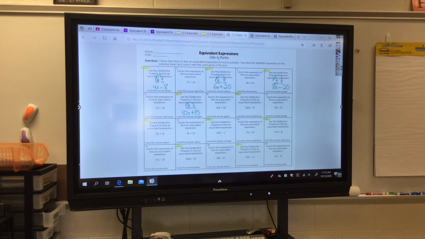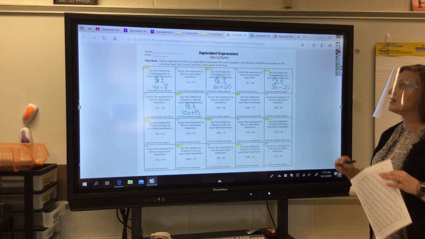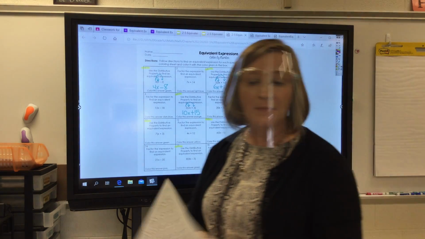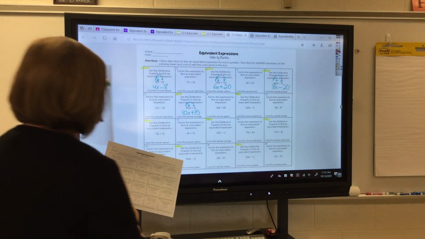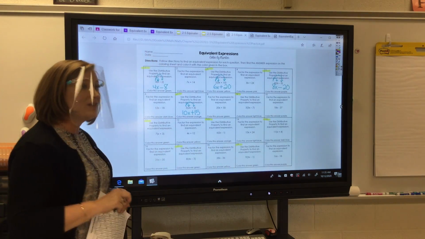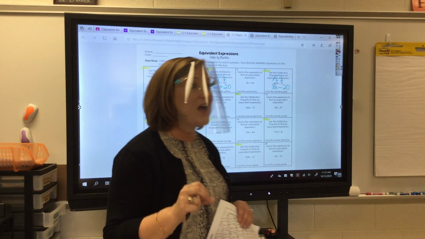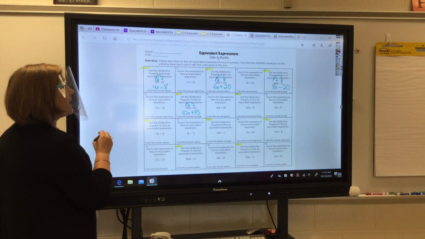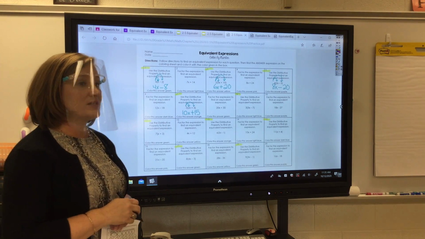Now, the even numbers, the ones that are not highlighted, we're going to have to do a little bit differently, because if you see, we don't have parentheses there. The instructions tell us to factor the expression to find an equivalent expression. So we've got to find the highest factor that both numbers have in common. What is a number that can go into 7 and 14?